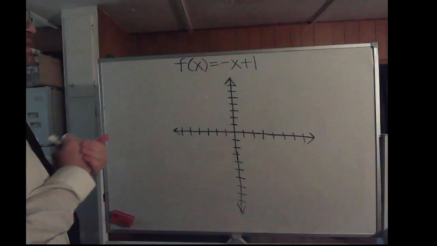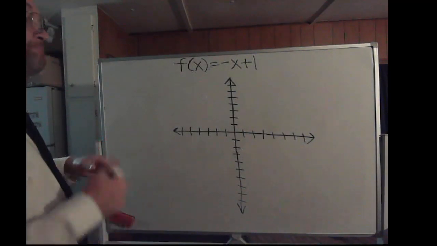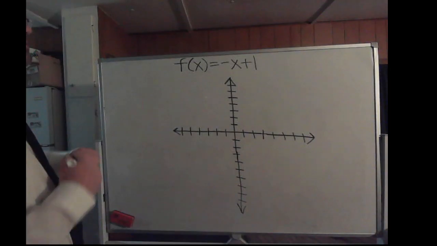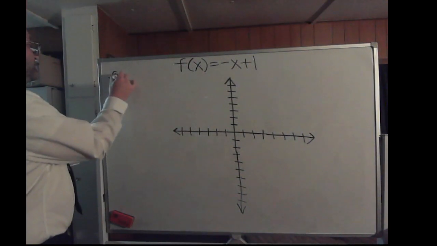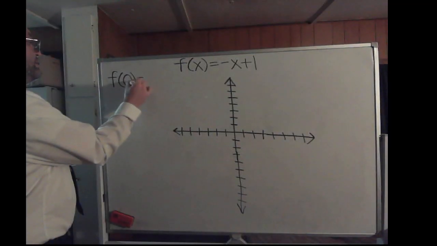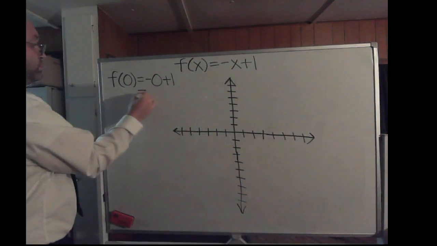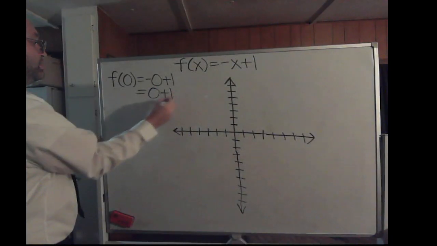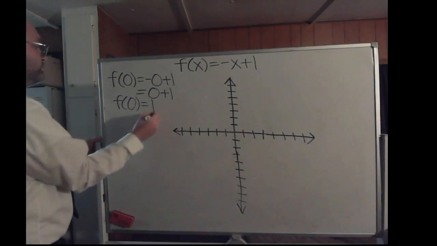So how we're about to do that, once again, find your x and y intercepts. You'll find the y-intercept when you set x equal to 0. So if we take f of 0, that'll be equal to negative 0 plus 1, which is just 0 plus 1. So that means f of 0 equals 1.